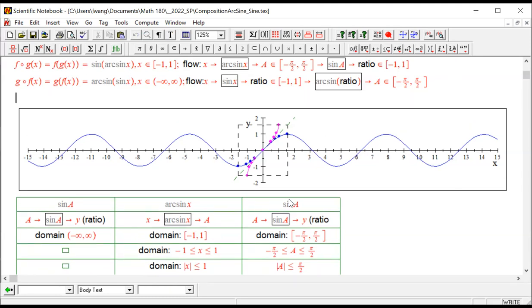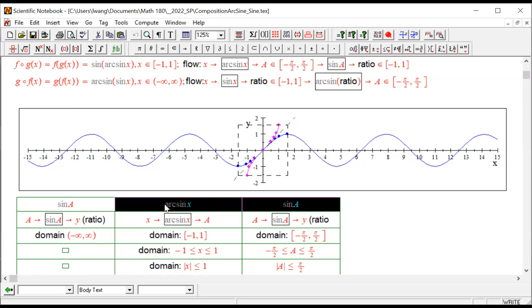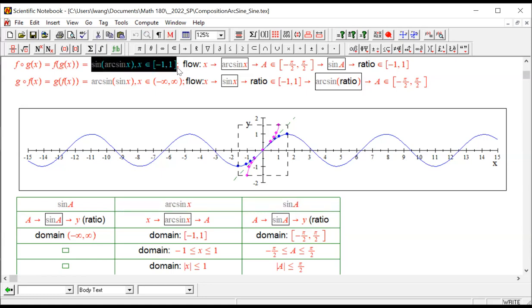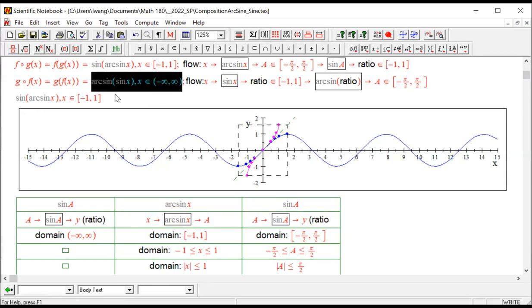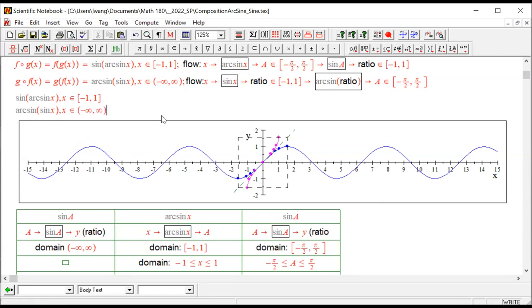But then you say, well, these two functions are inverse to each other. You're right. So when we have sine of arc sine, for any x from -1 to +1, arc sine produces an angle, and the output is from -π/2 to π/2.